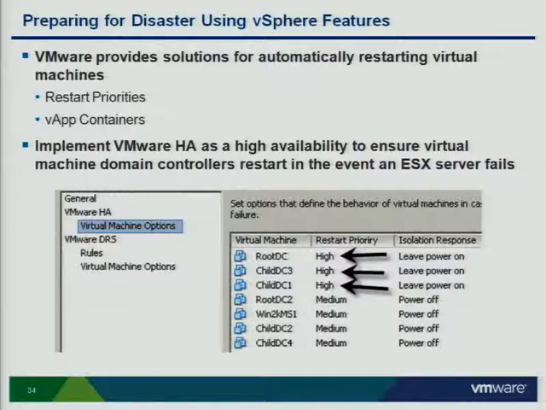But one of the other wonderful features built within that is the restart order. So if I have a scenario in which I want to make absolutely sure the DC comes up before the Exchange server comes up, we could drop one of each of those into a vApp, set the restart order in there, and then when that vApp fires back up again, it'll make sure that they come up in the proper sequence.